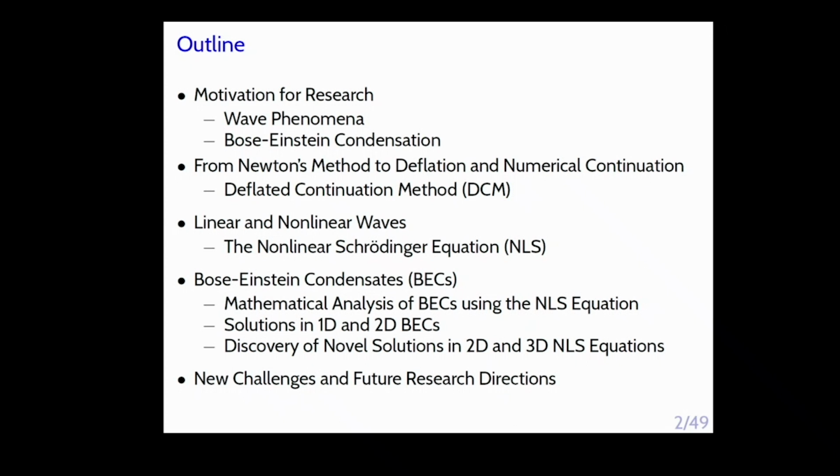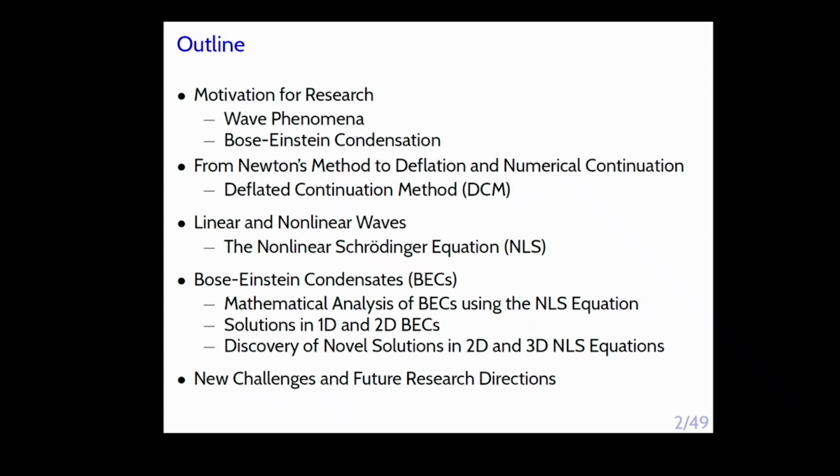A few words have to be said for the linear Schrödinger equation, because we can gain very important information from what we call the linear limit. It's all about solving a Sturm-Liouville problem that will tell us a lot about what suitable guesses one can use to trace solutions to this nonlinear partial differential equation.